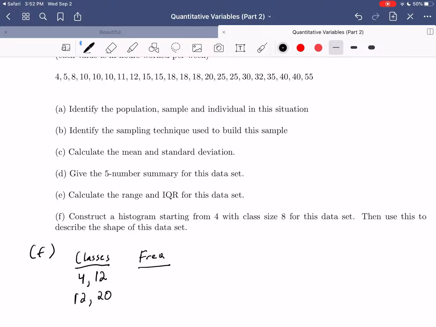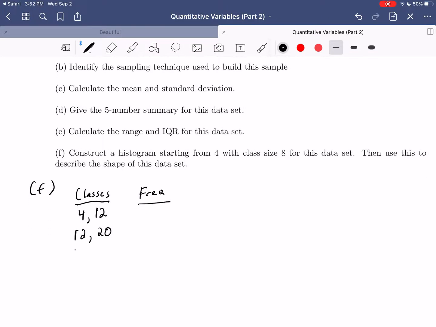Then, if we scoot down just a little bit, the next one should be 20 to 28. Notice that the gap is always 8 because it says class size 8. And also keep in mind that where one ends, the next one starts because we're doing this quantitatively. So 28 and then 36, and then 36 and 44.